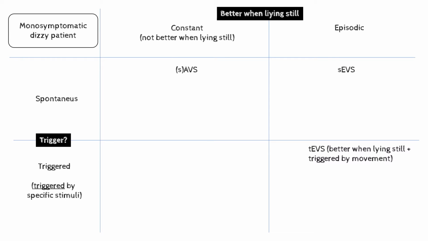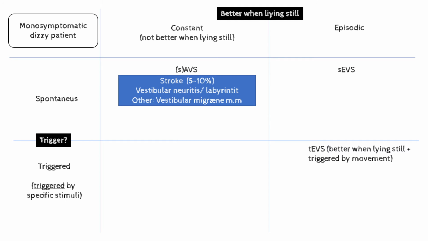And the reason why it might be important to put patients into these 3 categories is that there are specific syndromes or specific diagnoses hiding behind these categories, and there are different tests that you want to do on each of these categories.